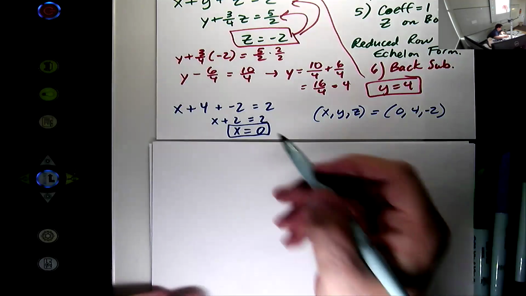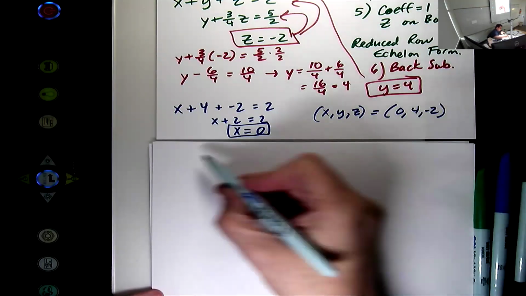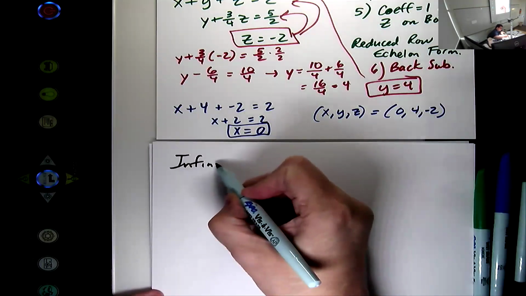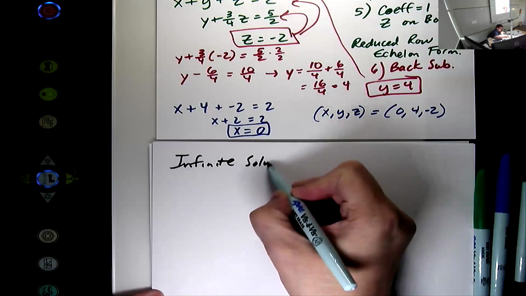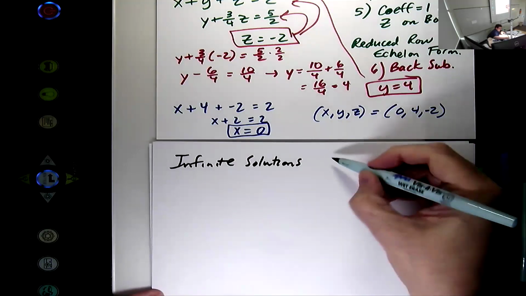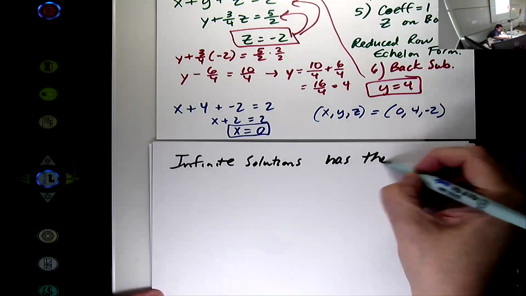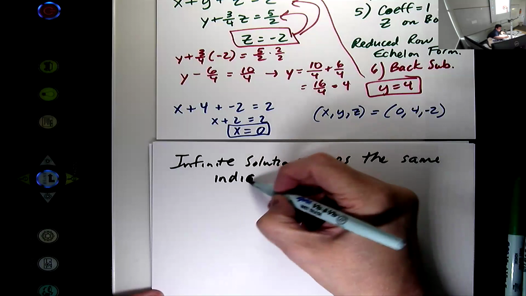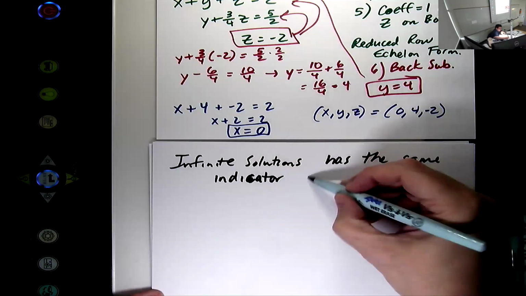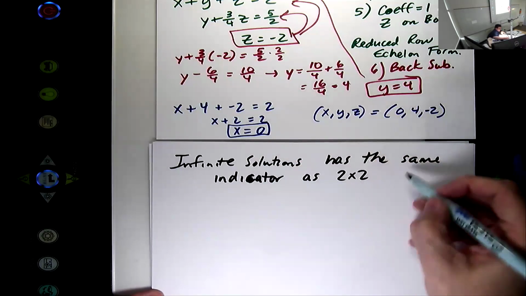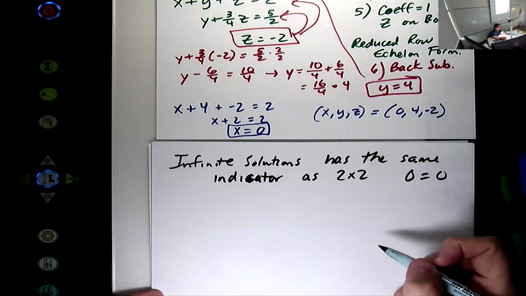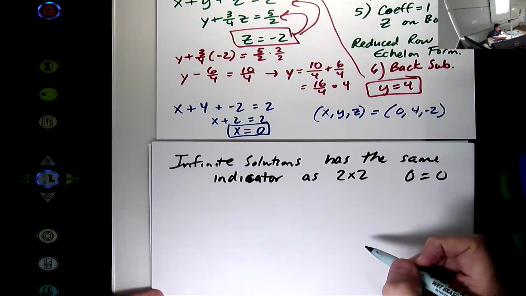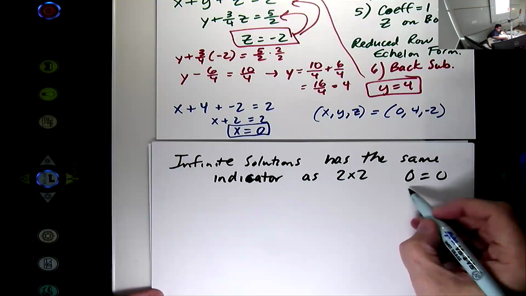Before we get to that though, let me point out, infinite solutions has the same indicator as 2 by 2. We had 0 equals 0, or 1 equals 1.